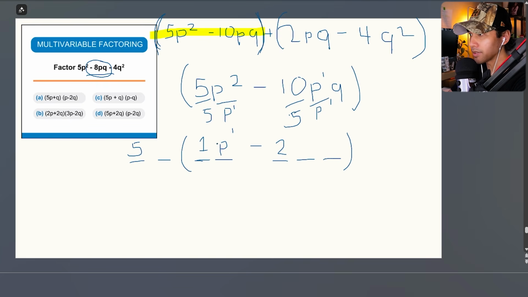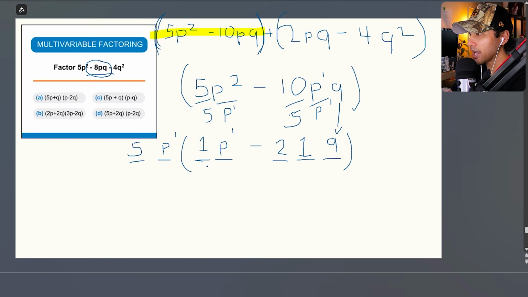Again, I would not write this all out like what I'm doing. So I'm going to take out p1, okay? And then over here, p divided by p is just 1, okay? And then there's no q here. There's a q here, so I'm going to just carry this q down here.